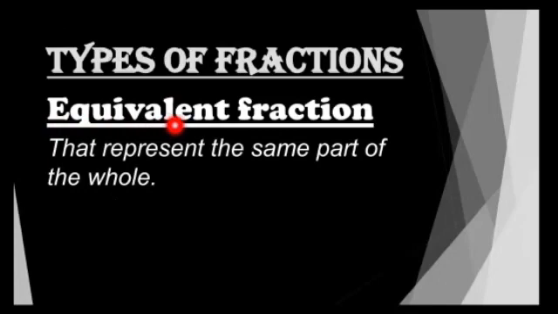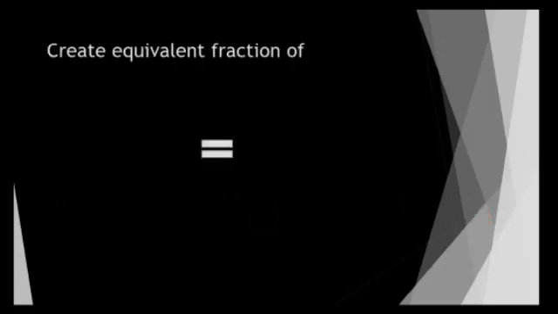Now we have one more topic, equivalent fractions. Dear children, do you know what an equivalent fraction is? Equivalent fractions represent the same part of the whole. We can write the same part of the whole in a different way. How can we create an equivalent fraction of 5 by 8?